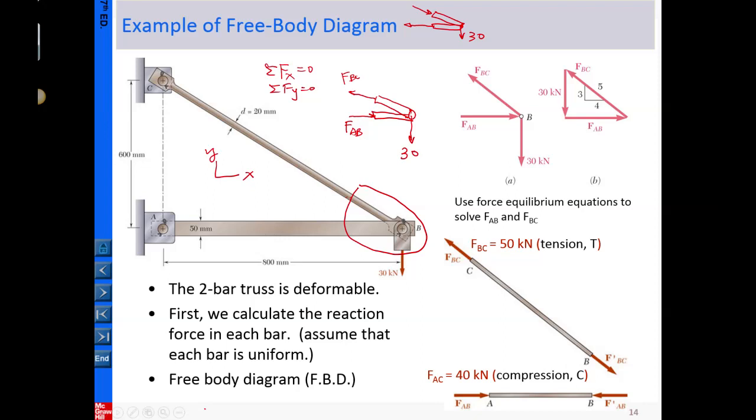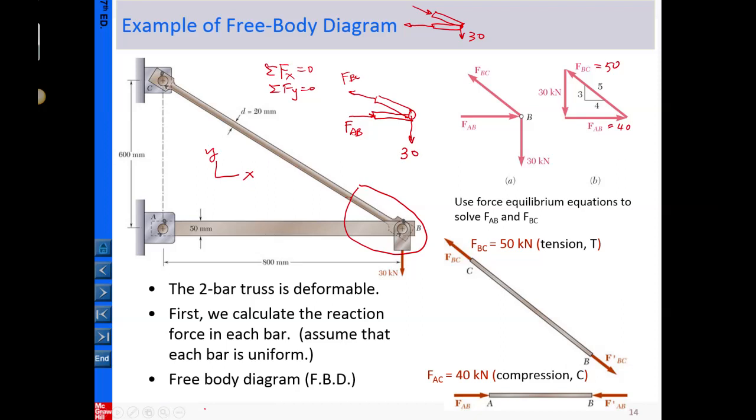Basically this is a given loading, this is the assumed direction, and you can put it into this. From this simple triangle, you can quickly determine FAB in magnitude equal to 40 and FBC in magnitude equal to 50. Otherwise, we simply perform the equilibrium equations.